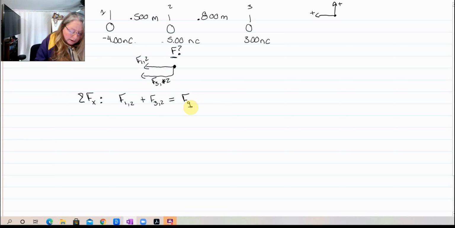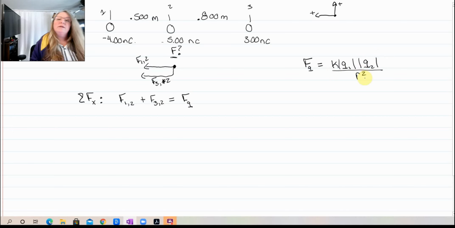Cool. Now remind ourselves that per Coulomb's law, the force Q is going to equal K, my electrostatic constant, times Q1, the magnitude of, times Q2, the magnitude of, divided by the distance squared between them. Now I can just put that in here.